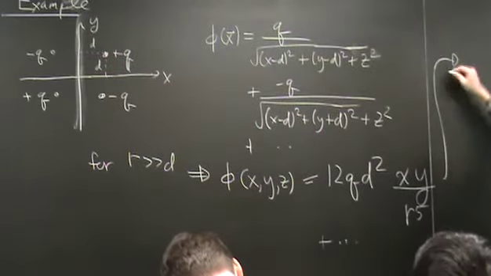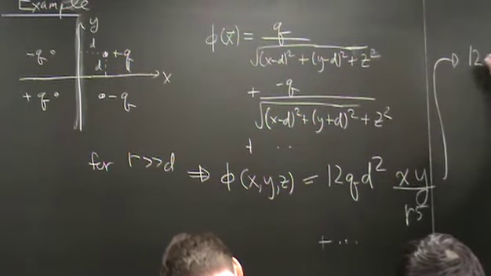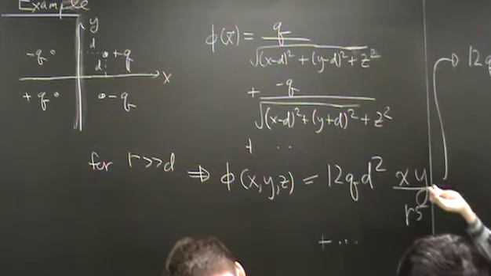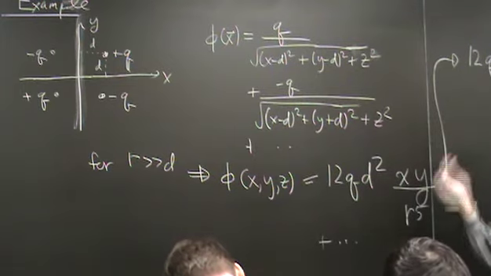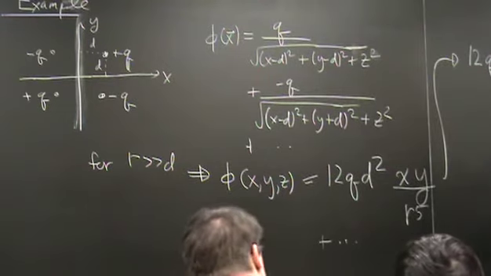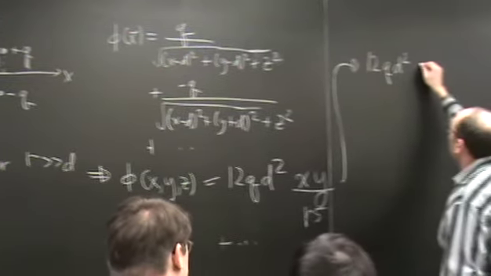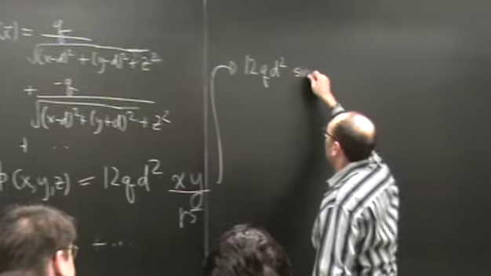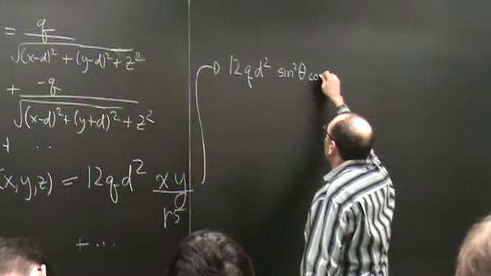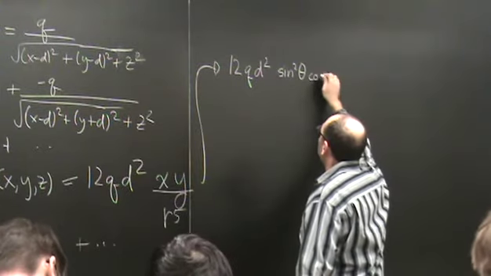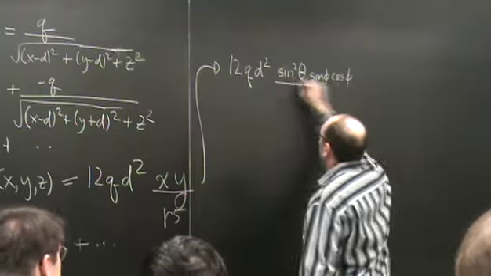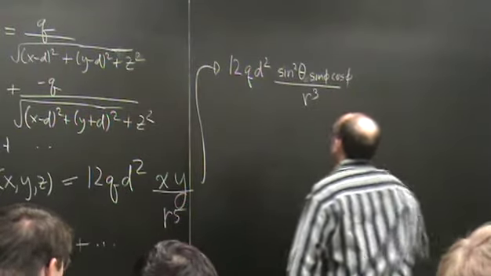And if I wanted to write this in spherical coordinates, which I want to, x is equal to r sine theta cosine phi, y is r sine theta sine phi. This is then equal to sine squared theta sine phi cos phi divided by r cubed.